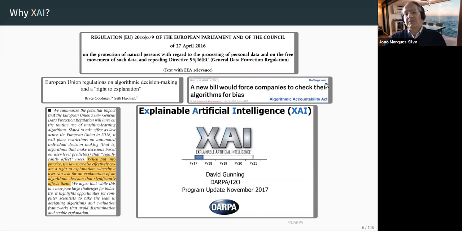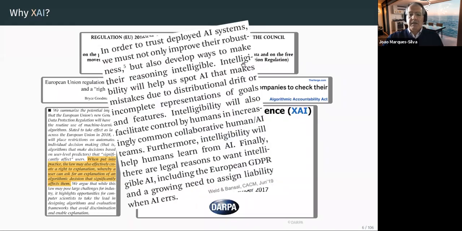And there are efforts also similar to the GDPR in Europe. And if regulations are not enough, then we have very compelling arguments. This is from June 2019, Communications of the ACM, which I think is a perfect example of how we can convince ourselves and other researchers that the work on XAI is very, very important.